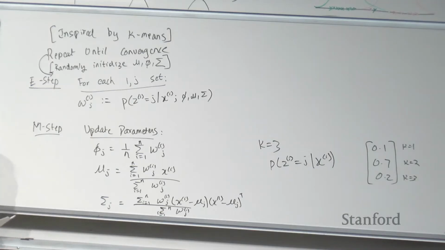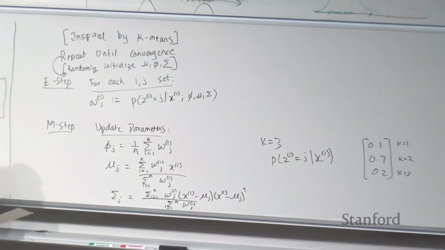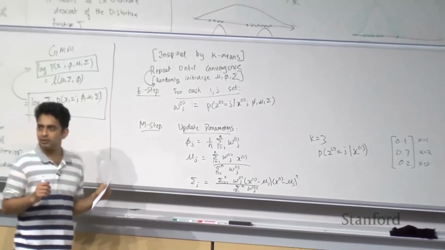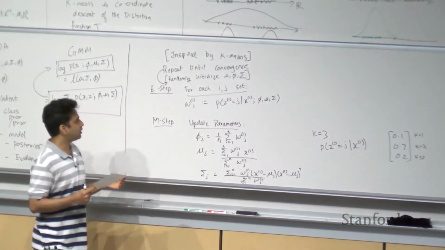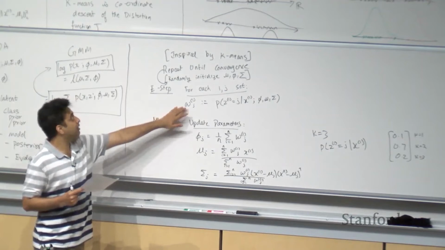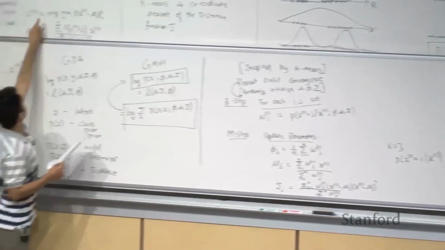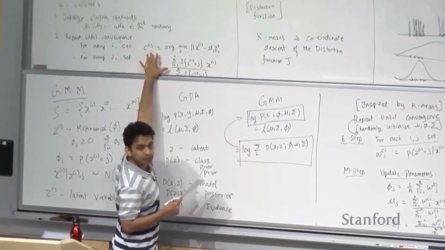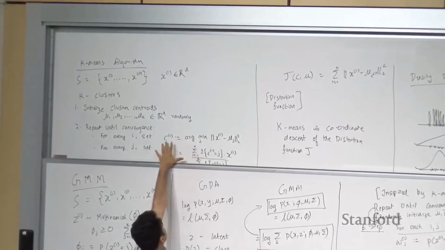Right? So, inspired by k-means, you can think of the Gaussian mixture model as soft k-means. People call it soft k-means as well. We call it soft because in the assignment phase, which corresponds to the E step, k-means used a hard assignment of the cluster identity.